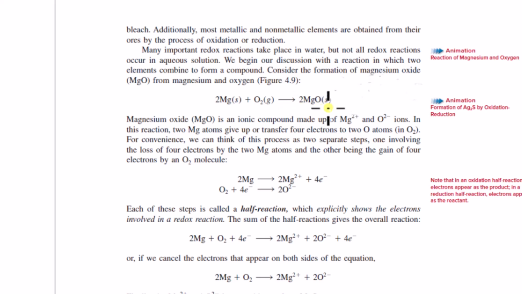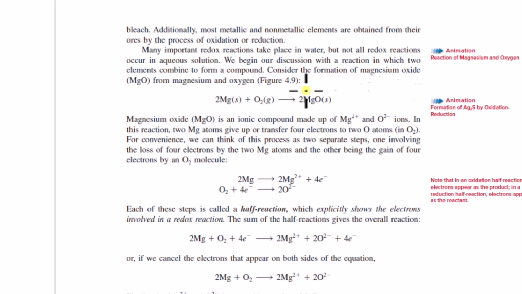Okay, and so we analyzed this chemical reaction from the redox perspective by first looking at the reactant compounds. So we can see we have neutral magnesium atoms and neutral oxygen atoms, right? You have two neutral magnesium atoms, and there's one neutral O2 molecule, which contains two neutral oxygen atoms.